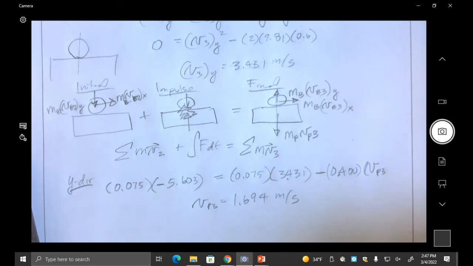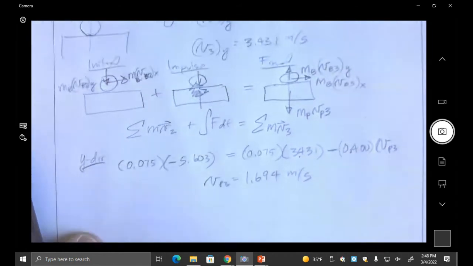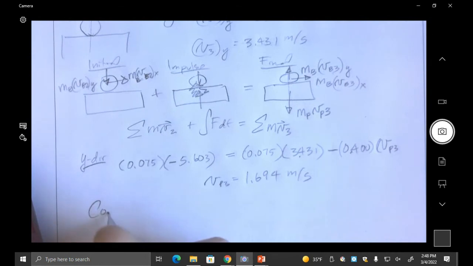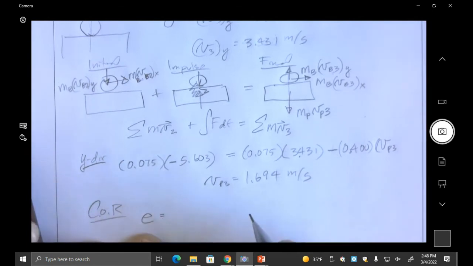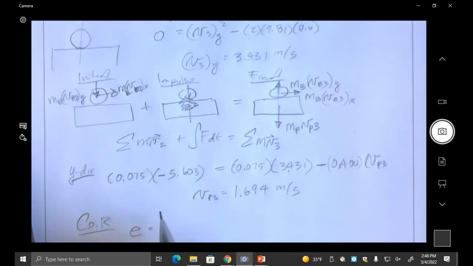And then we also want to get the coefficient of restitution. Okay, good. So remember that the coefficient of restitution, we could write it out with the normals, but let's write it out the way that we have it written out.